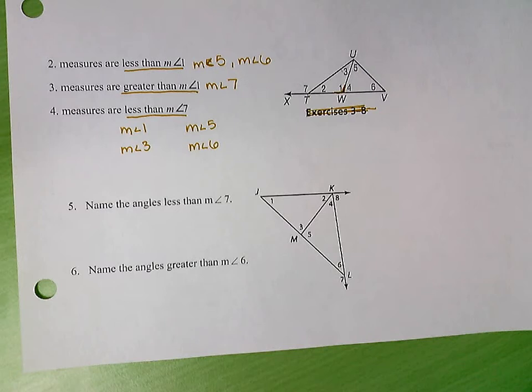How many is there for 6? There's 2 for 6 and there's 4 for 5.